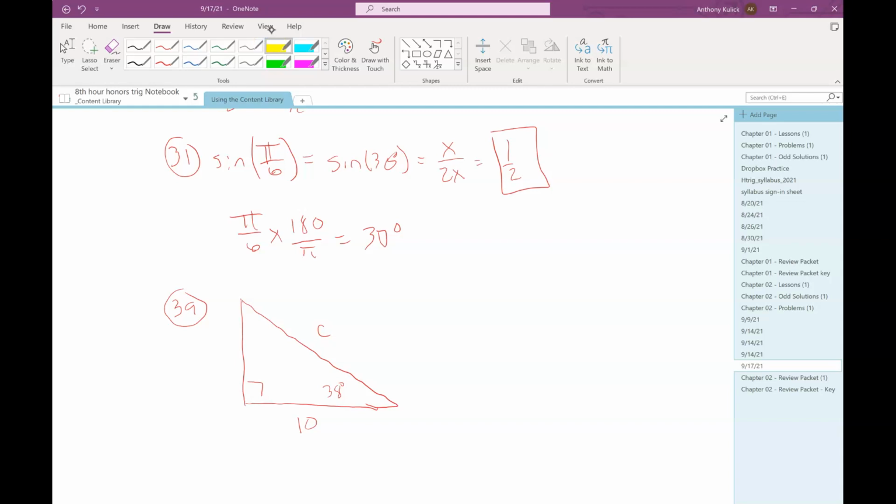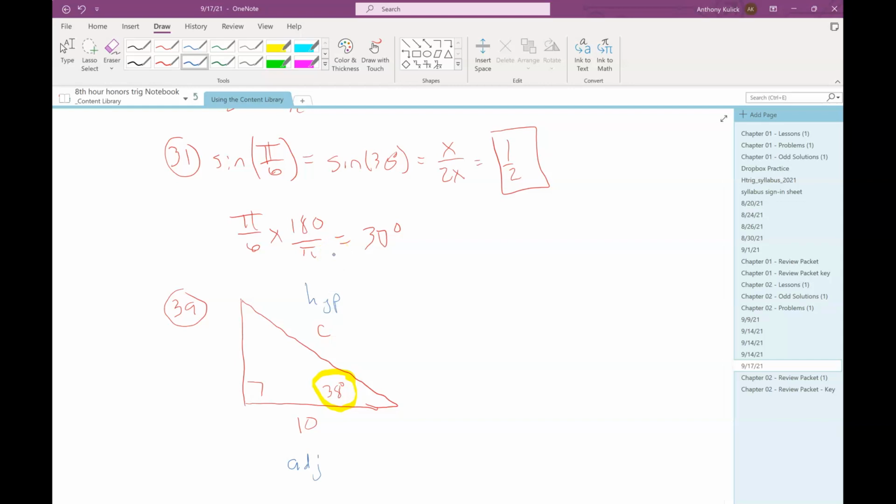So I'm looking to solve for this side C. I'm going to use the angle I know. Relative to the angle I know, the side I know is the adjacent, and the side I'm looking for is the hypotenuse. So I need to select the trig function involving adjacent and hypotenuse.